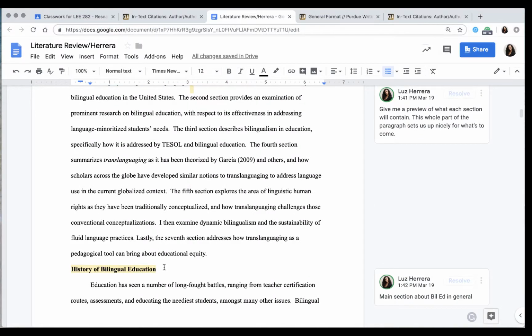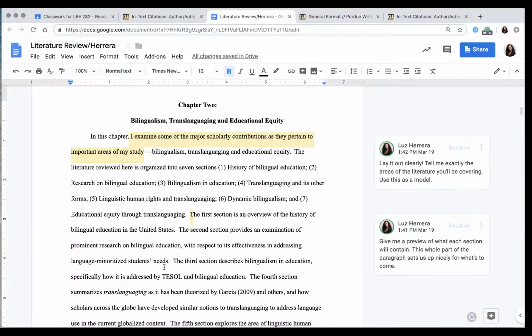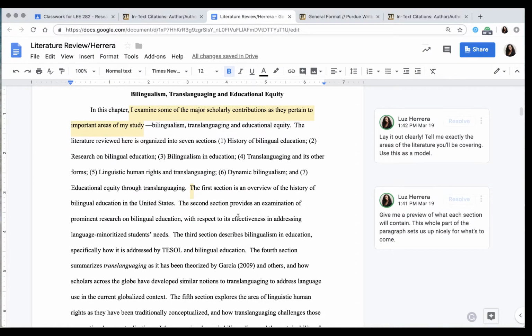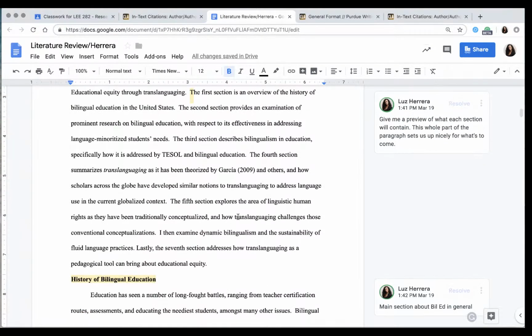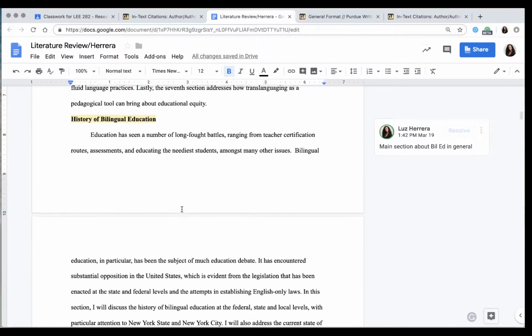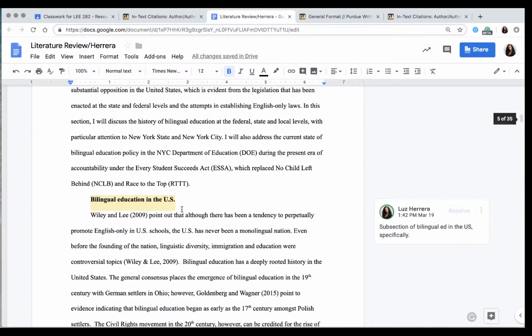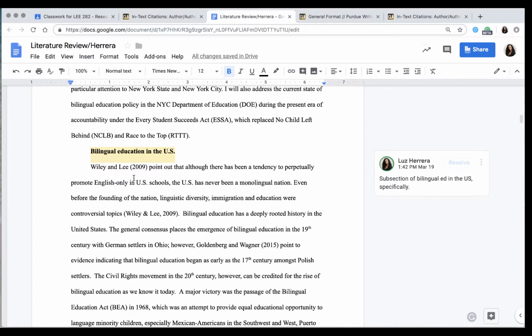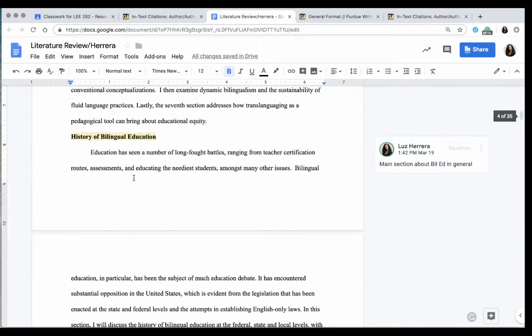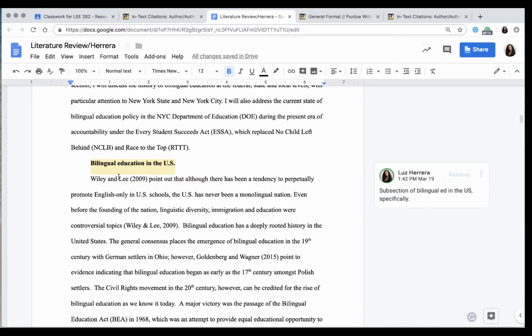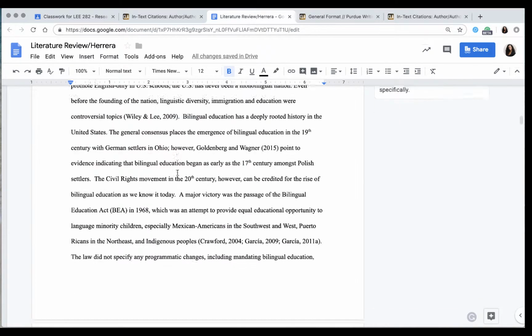So this is the first sort of subtitle, I guess. The first major section that I reviewed is the literature on the history of bilingual education. So I have that whole section here. But even within that, I created some subsections, because within the history of bilingual education, I looked at bilingual education in the US context specifically.